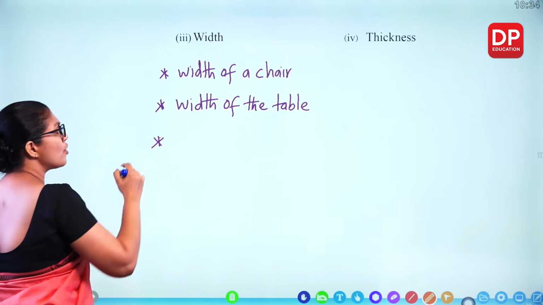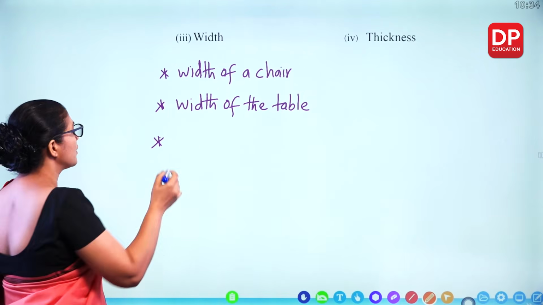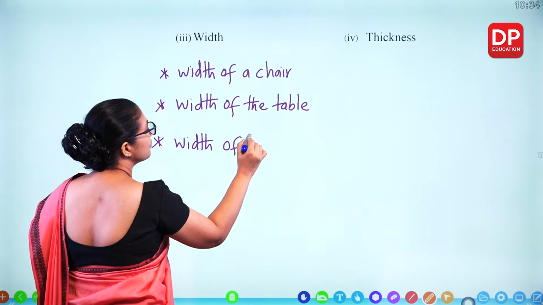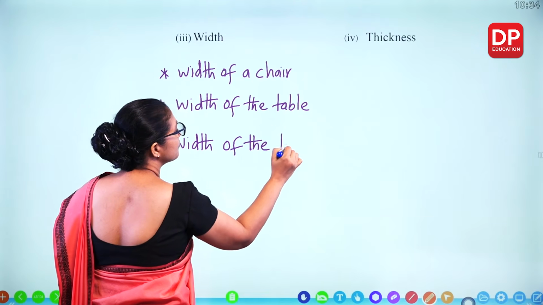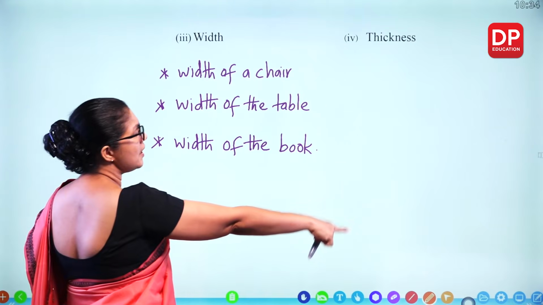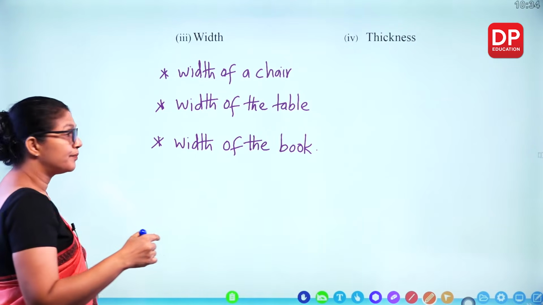Then you take your book. What's the width of your textbook? What's the width of the whiteboard?